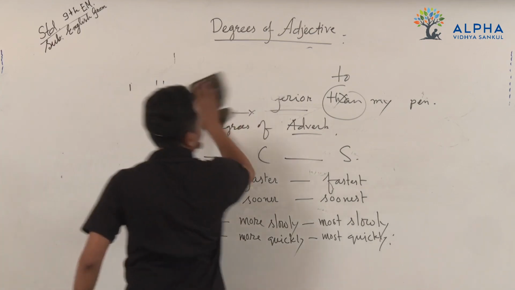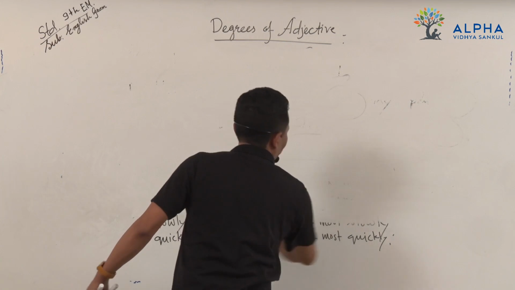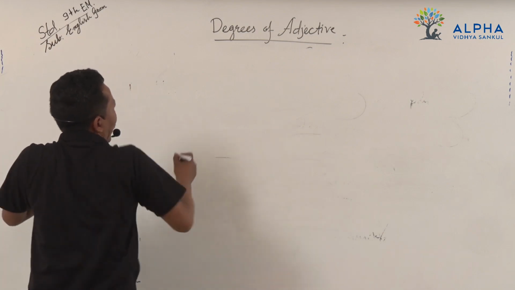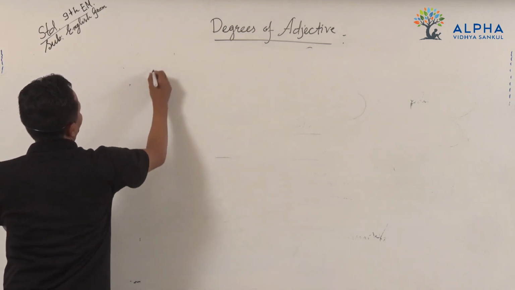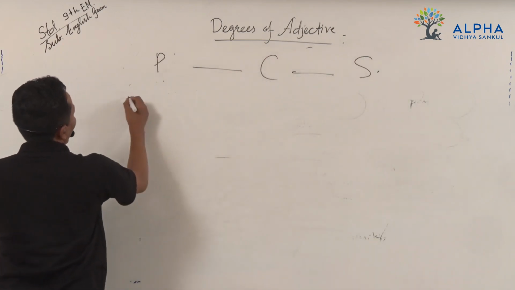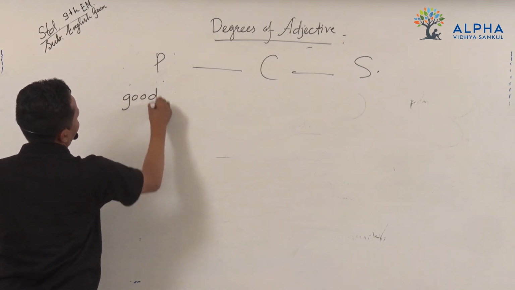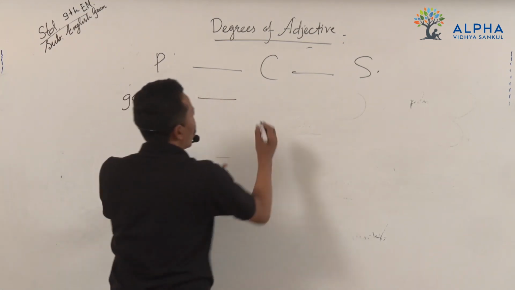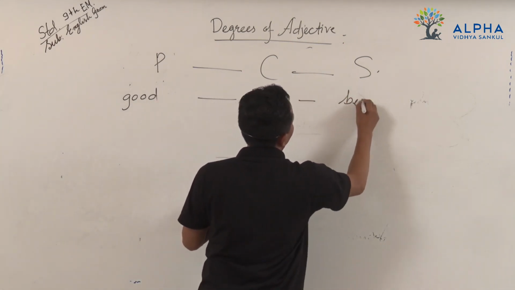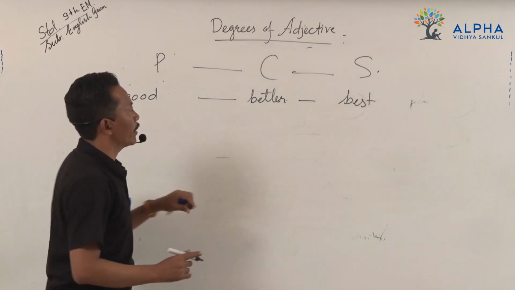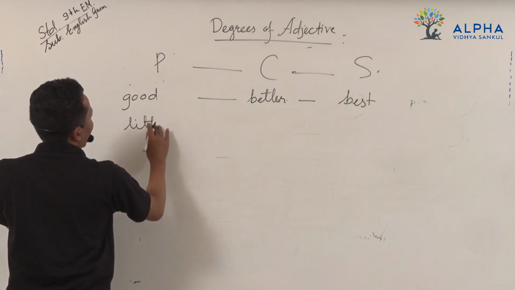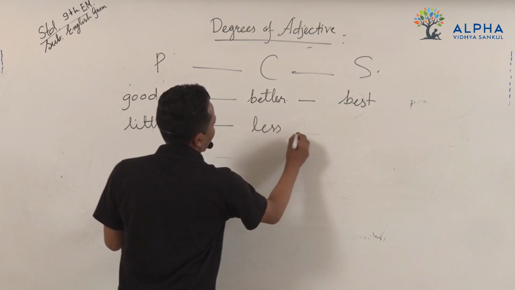The last part, there are some adjectives degree, and they do not apply the rules. Suppose here, good. This is the positive, comparative and superlative. Here, good. Then, good, gooder, goodest. No, good. What will be here? Better, best. See, the words are totally changed here. Okay, little, less, least.